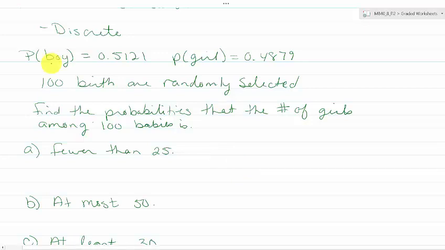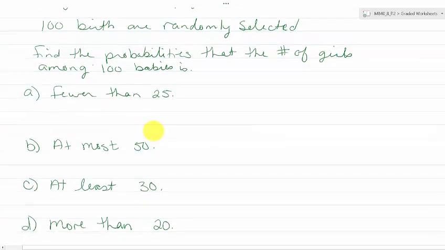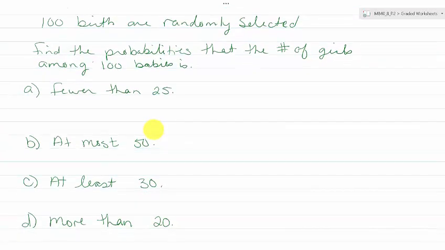They give you both the probability of a boy and the probability of a girl, but the probabilities that you're asked to compute are all about girls. So the girl is what we're going to consider a success. This is out of 100, so we're randomly choosing 100 births, and we want to find the probabilities that the number of girls among 100 babies is, and we'll take a look at each of these different cases.